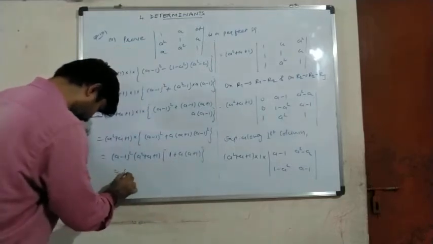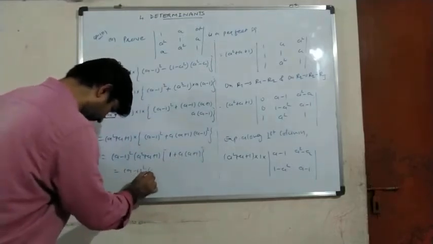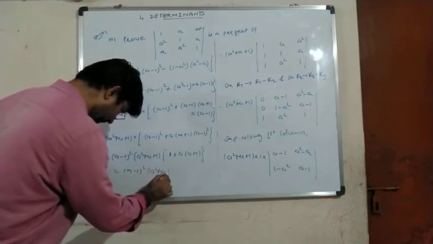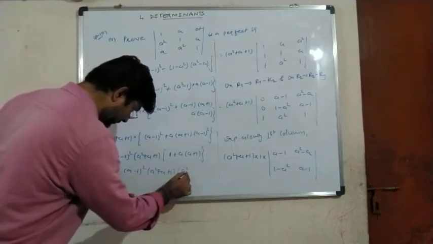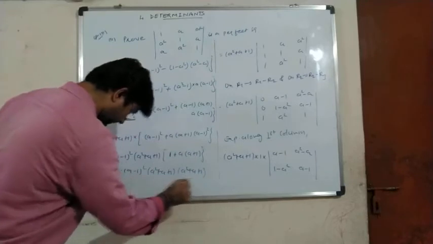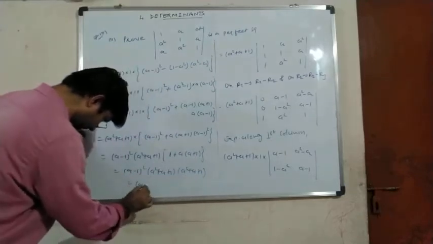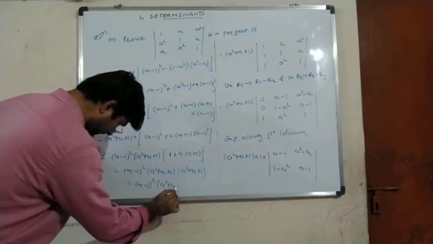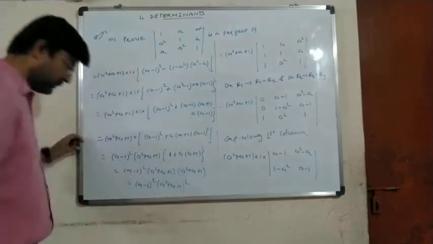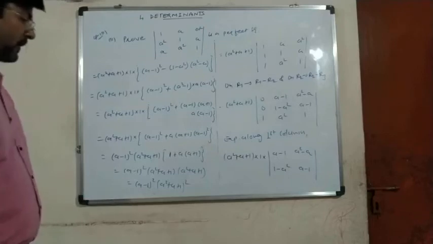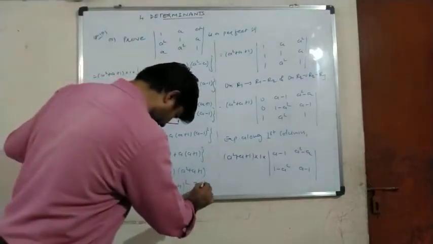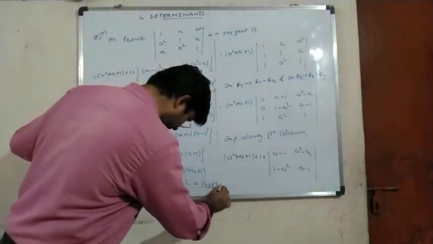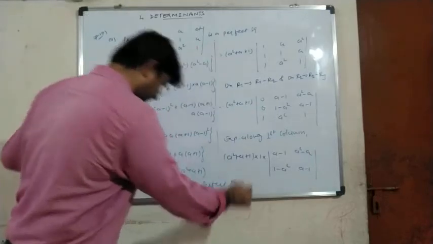So on simplification we will get a square plus a plus 1 into a square plus a plus 1. So finally a minus 1 the whole square into a square plus a plus 1 the whole square, which is a perfect square quantity. Yes or no, it is equal to a perfect square, and hence we have proved.